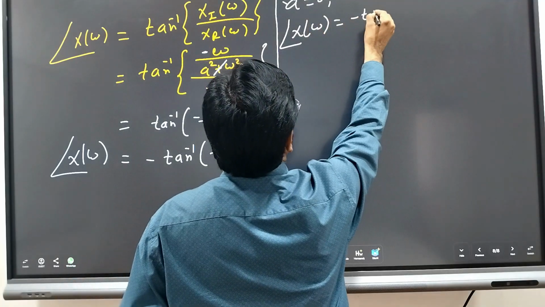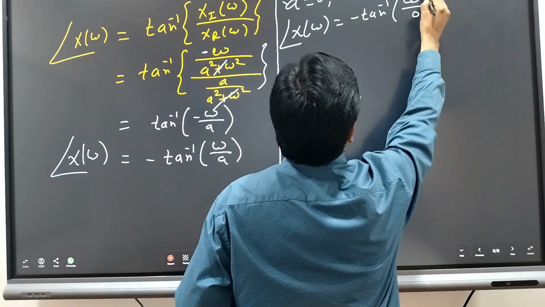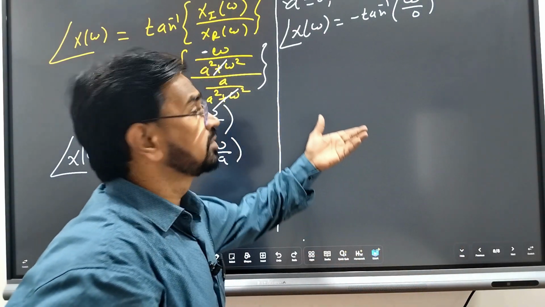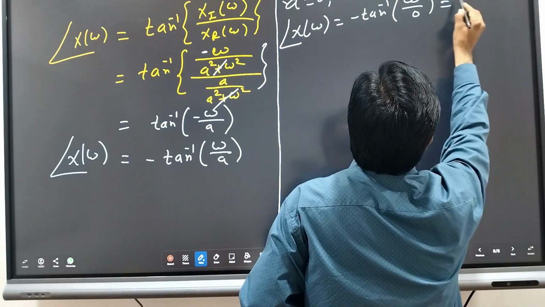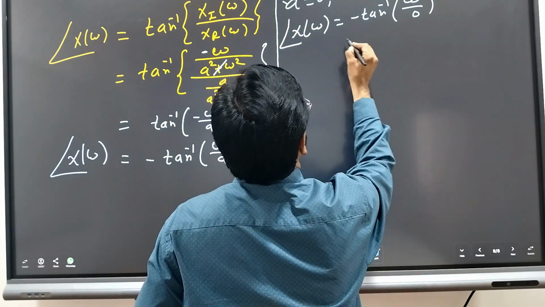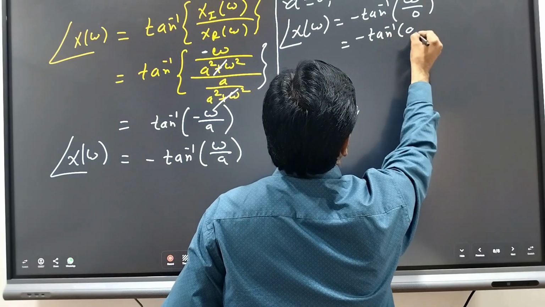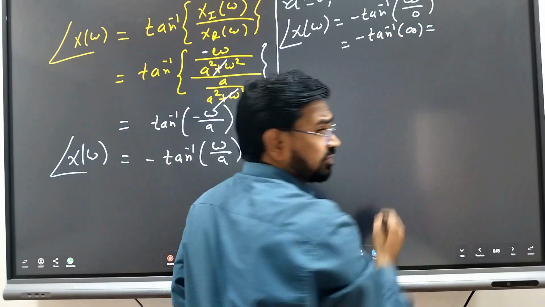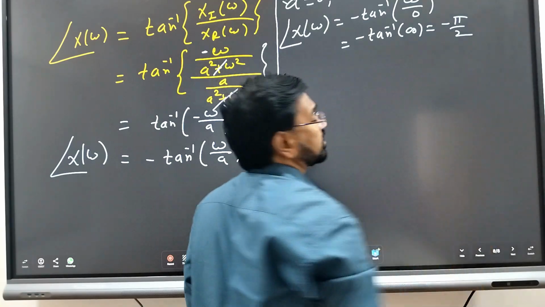It is minus tan inverse of omega divided by 0, so it will be infinity. So it is tan inverse of infinity, equal to minus tan inverse of infinity. What is tan inverse of infinity? It is pi by 2. So it is minus pi by 2.